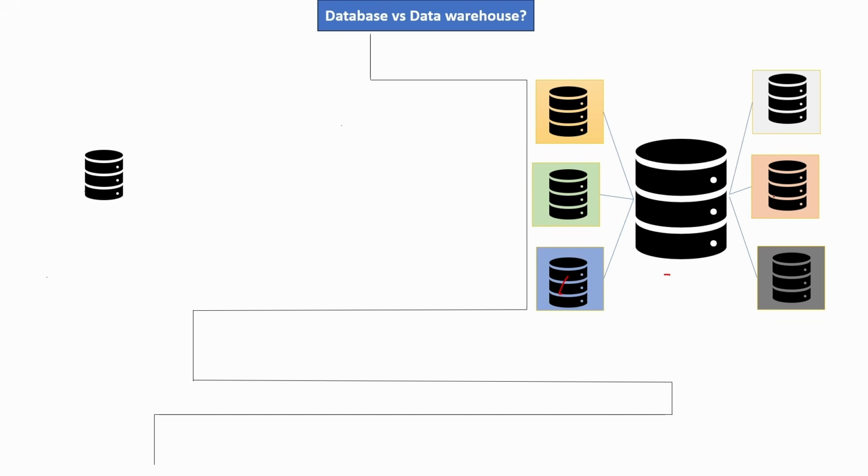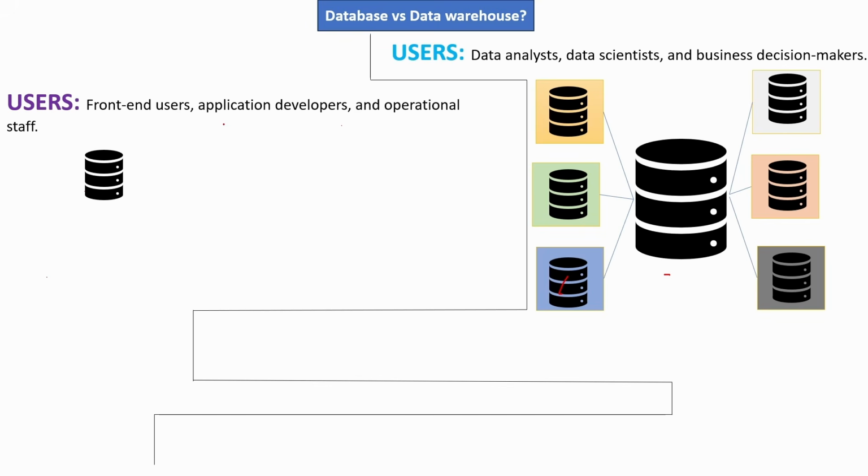Let's understand what are the potential users for database and data warehouse. If we talk about databases, the potential users are front end users, application developers, operational staff, or customers. And if I talk about the users of data warehouse, those are the data analysts, data scientists, and business decision makers. As the databases are used by front end users, application developers, and operational staff, we can't afford delays here, right?